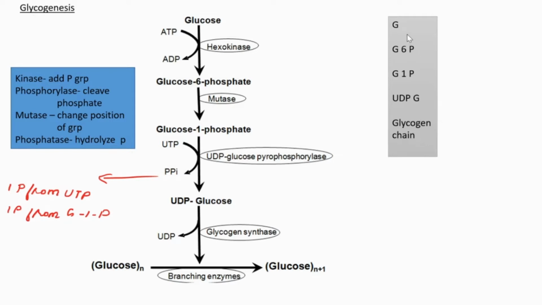Then we only need to know which enzyme is acting at each step, and all the associated side chain processes going on there. If we memorize in this way, I think it will be easy for any metabolic pathway.